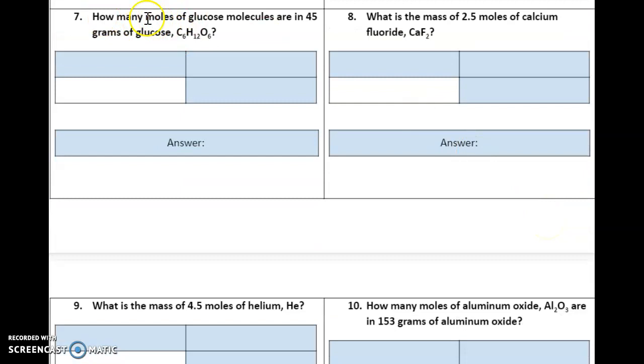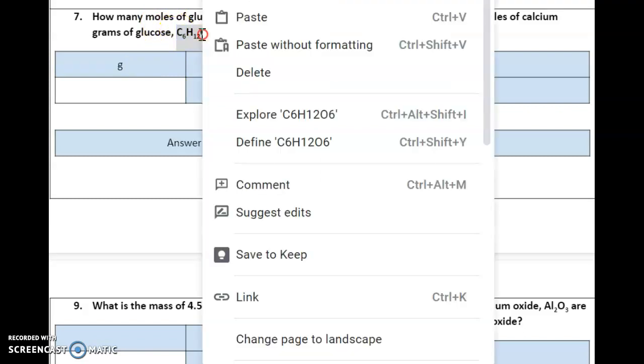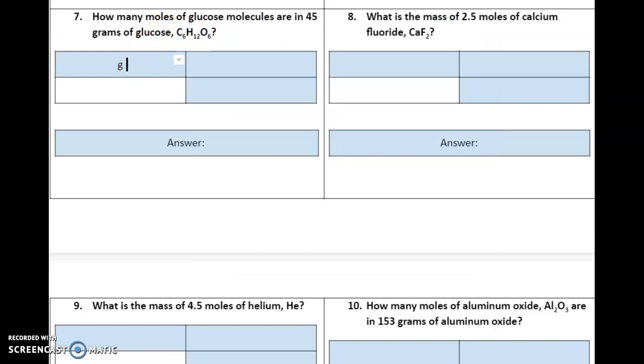All right, for number 7, how many moles of glucose molecules are in 45 grams of glucose? This sounds a little weird because it uses the word molecule, but it's still asking you for moles as your answer, and it's giving you grams. So you're going to start with grams of glucose, and you can copy and paste if that makes it easier to type out the formula.